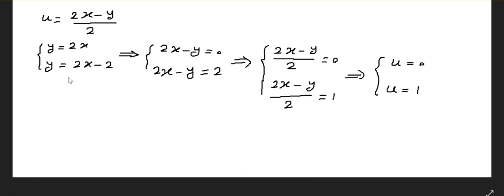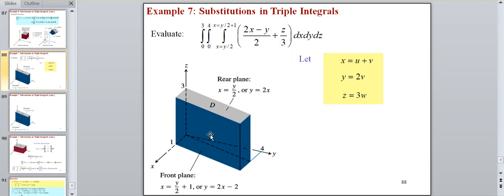If you go back to the picture, we have two planes here. The one in the back is y equals 2x, and the one in the front is y equals 2x minus 2.